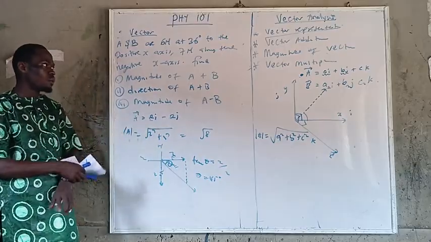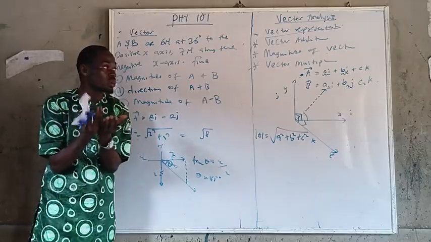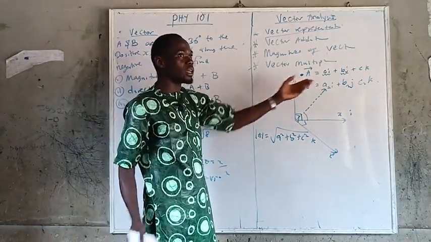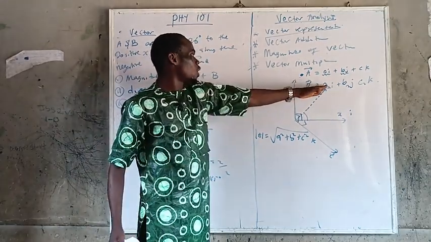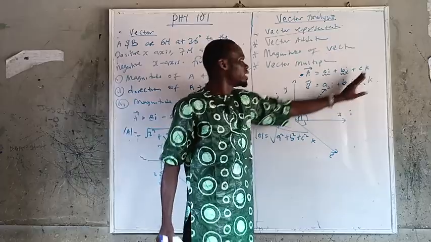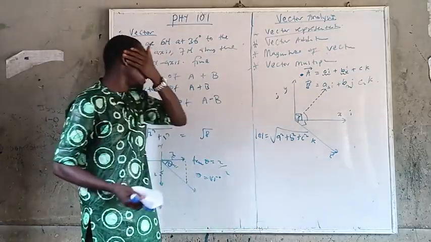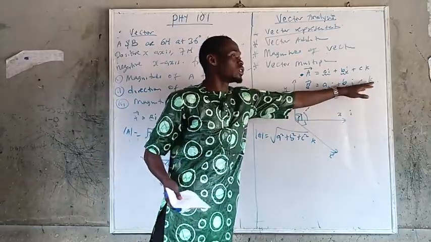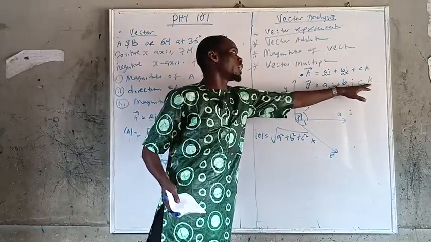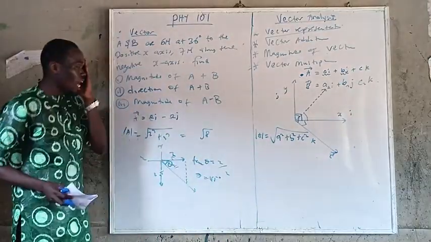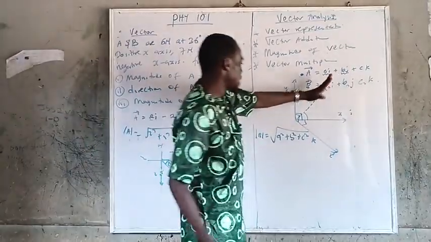This is different from the angle between two vectors. So if I ask you to determine the angle made to the horizontal, the only thing you do is consider your i and j, neglect k for now. When you get to advanced vector analysis, you can be determining the angle with respect to k, the angle with respect to j and k, and like that. But for now, we'll be working basically on the angle between i and j.